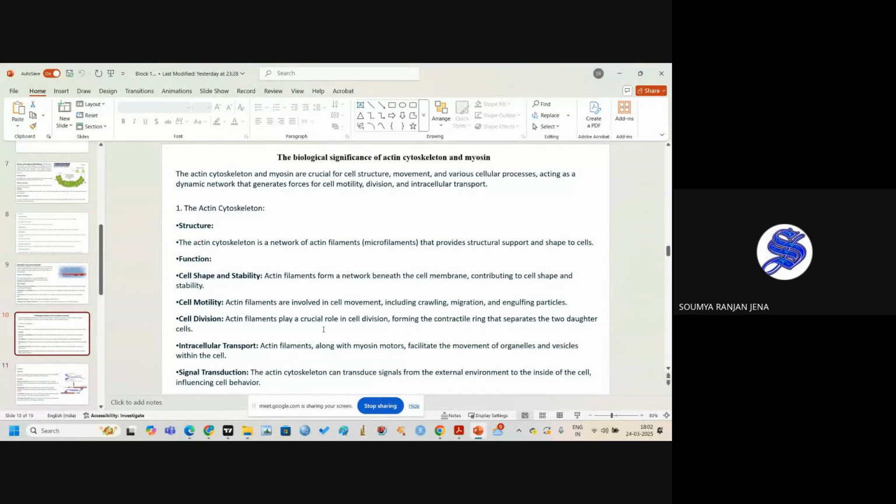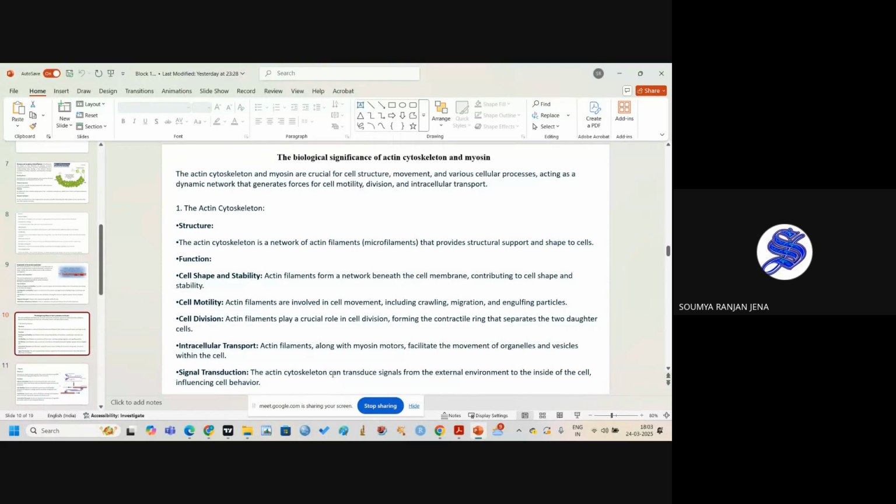Then during the cell division process, this also forms a contractile ring-like structure to separate during the anaphase process. For intracellular transport, this actin filament, along with the myosin motors, facilitates the movement of organelles and vesicles within the cell, and also helps in signal transduction.